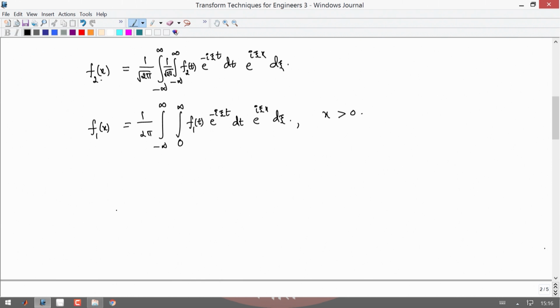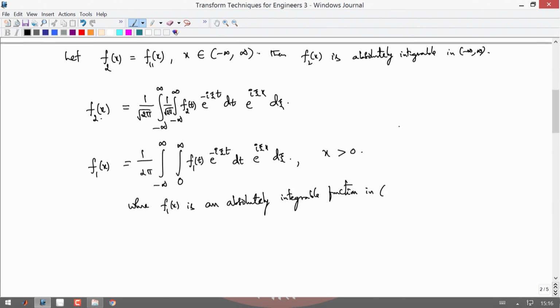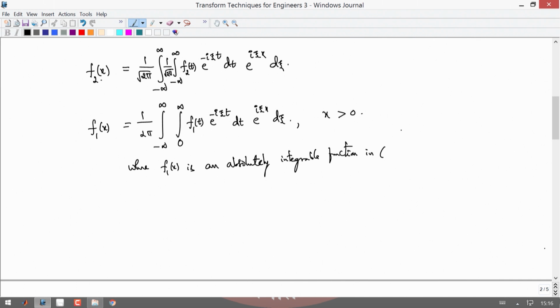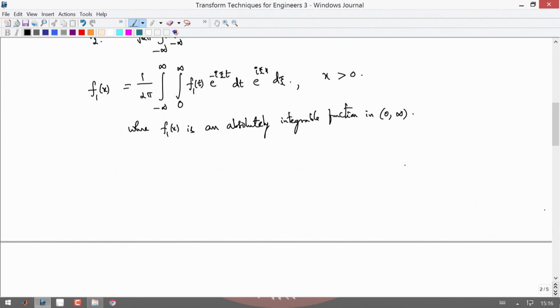Here f 1 of x is an absolutely integrable function in minus infinity to infinity. That is, f 1 of x is basically from 0 to infinity. So, that is what you have so far from the Fourier integral theorem.